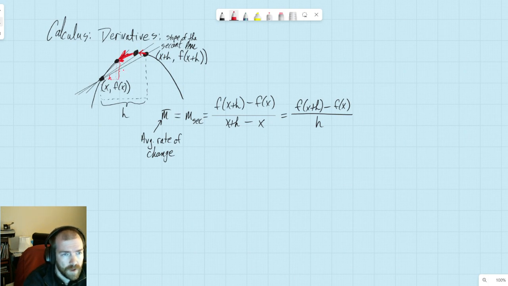And this thing here is still f of x plus h minus f of x, our change in y, divided by h, our change in x, which is still getting us the same thing over here. It's just that this is a slightly different h than the other one. So if you wanted to, you could put an h1 on here instead, and then this would be h1 here. But realistically, it doesn't matter.